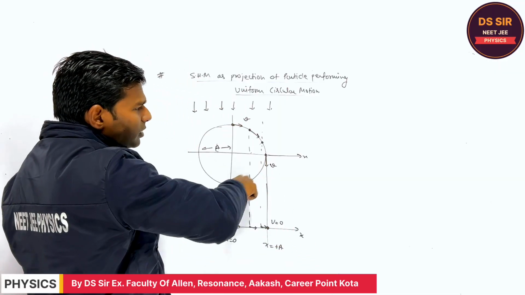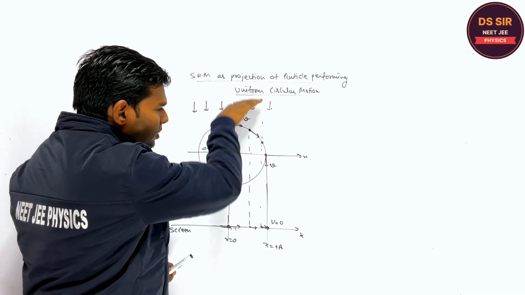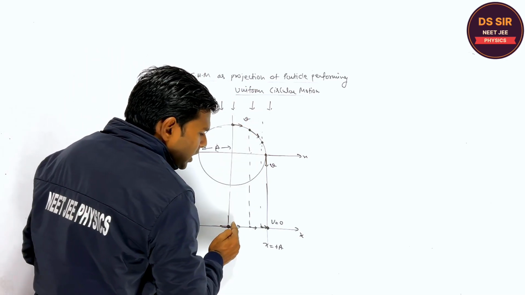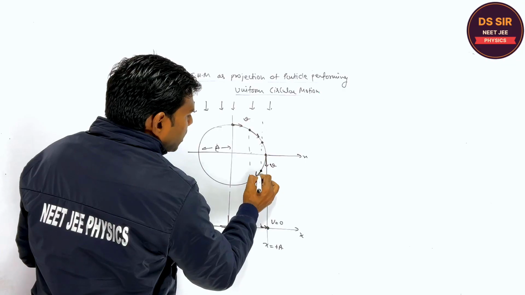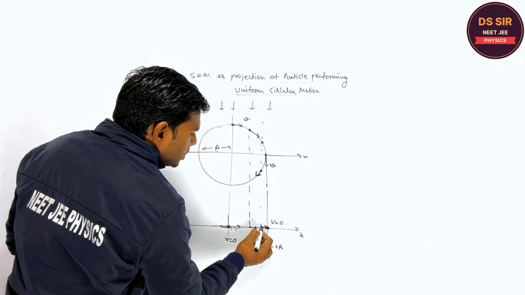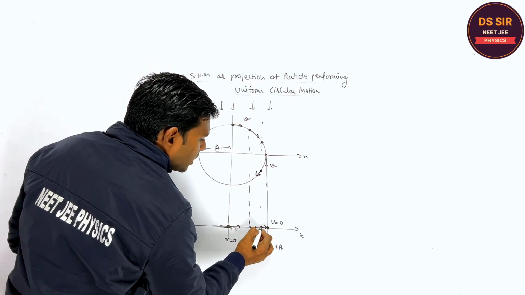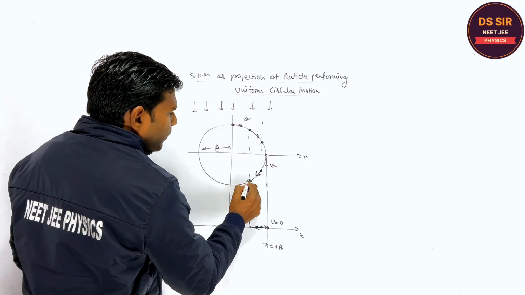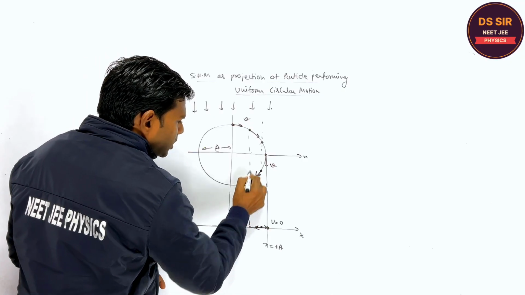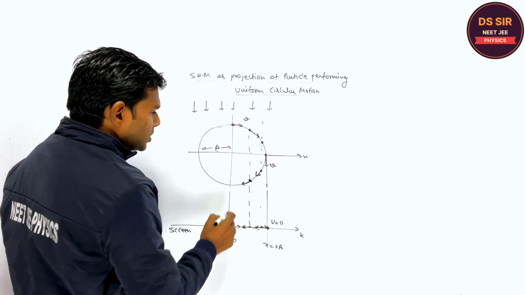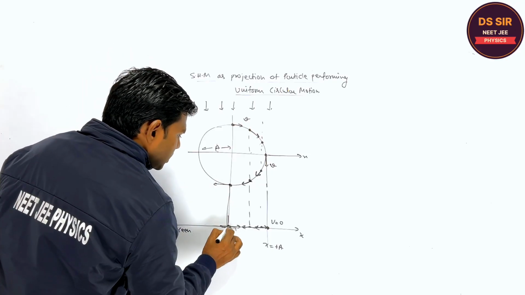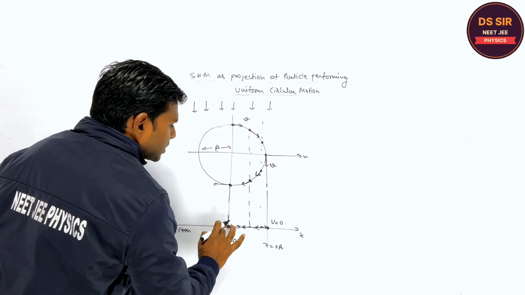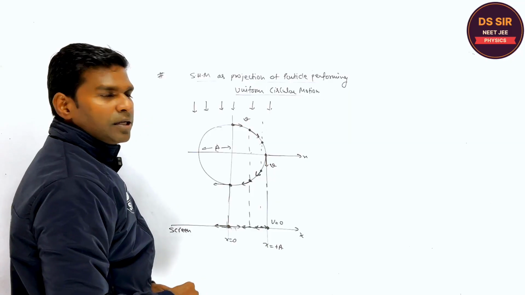The particle is performing circular motion, but its shadow is moving in linear SHM like this. When it comes to this point, its projection starts moving in the opposite direction. When it comes to this point, its projection is moving in this direction. Is it clear or not, you tell, right?